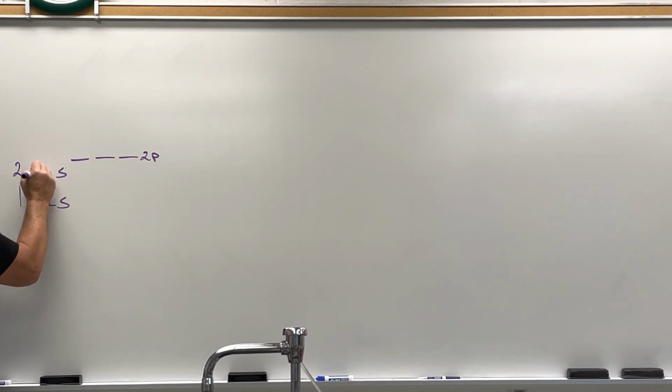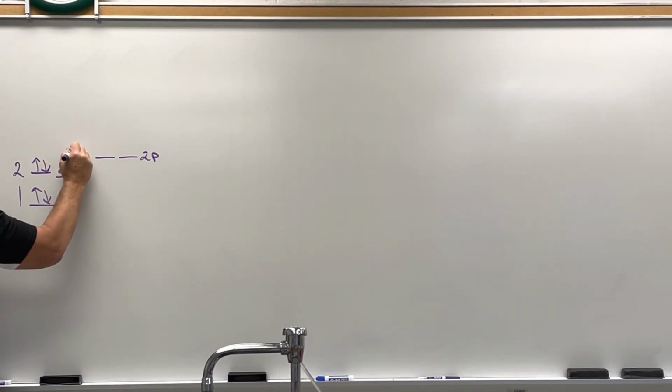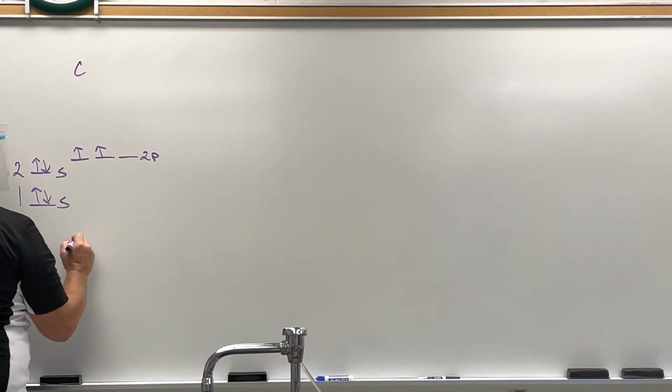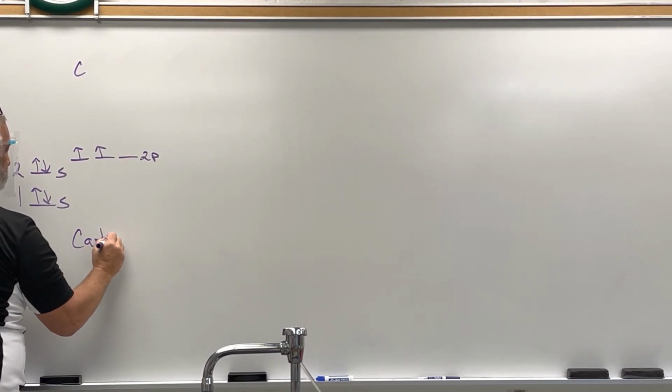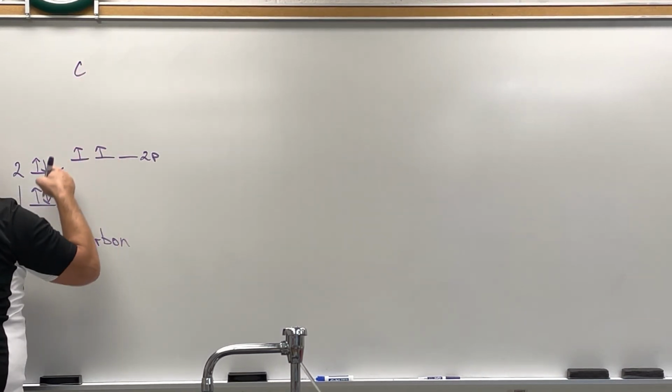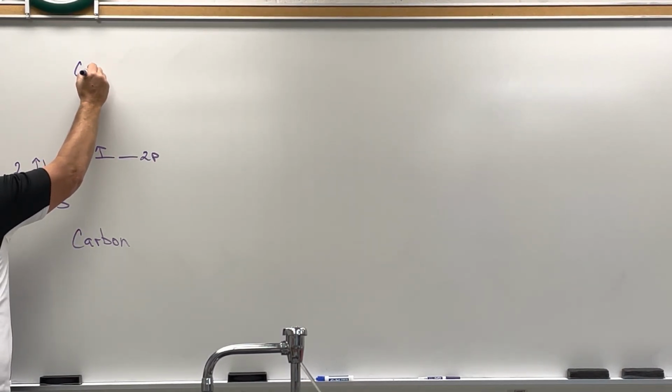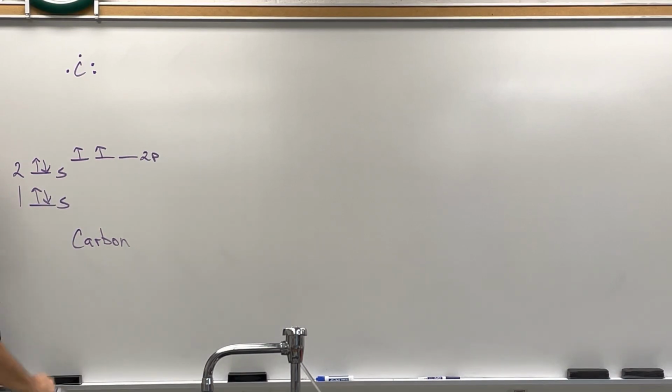Carbon has 6 electrons. It's going to look like that. If I was to draw the Lewis dot structure for carbon, really I need the valence electrons, got 4 of them. I would need 2 paired up in the s and then 1 like that and 1 like that.